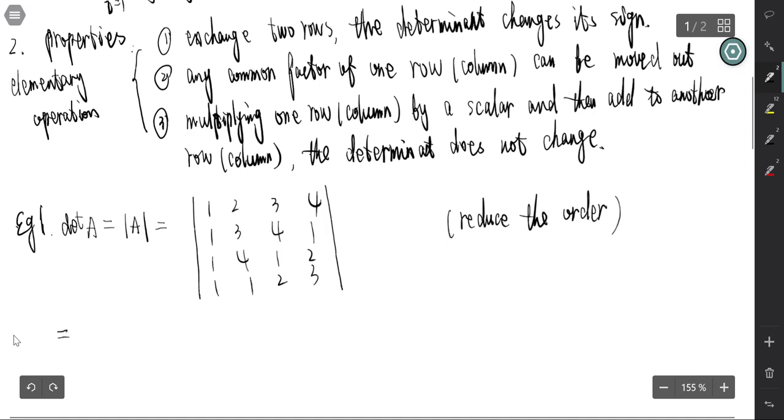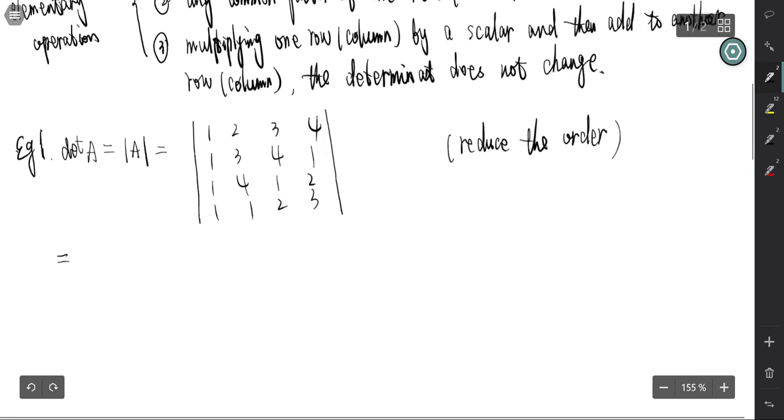First, we use the elementary operation to reduce one column or one row so that all the members of that column are 0 except one. For this one, each row subtracts the first row, then the first column becomes all 0 except for the first one.